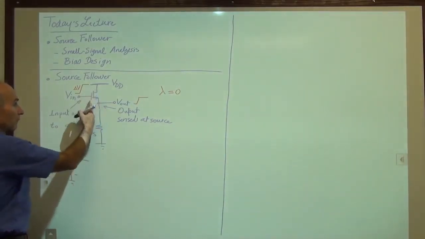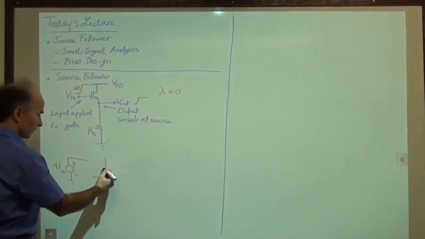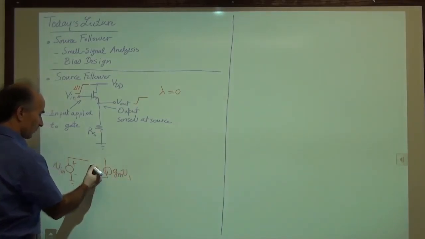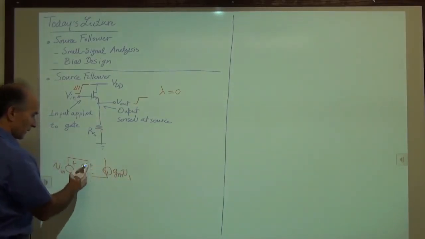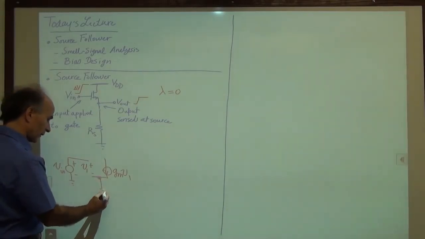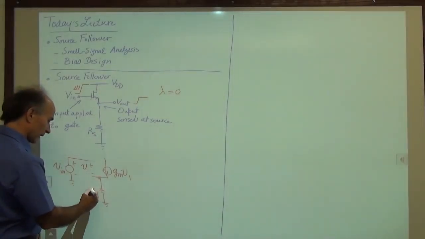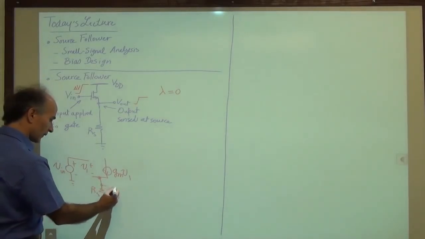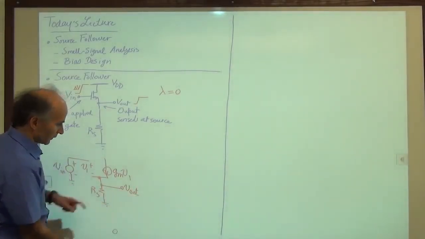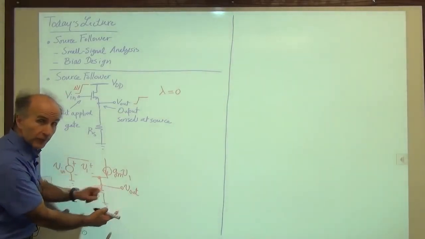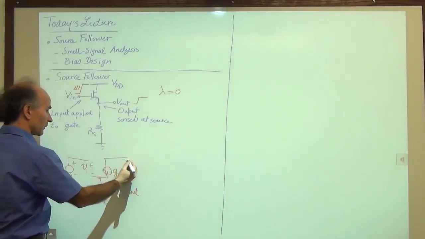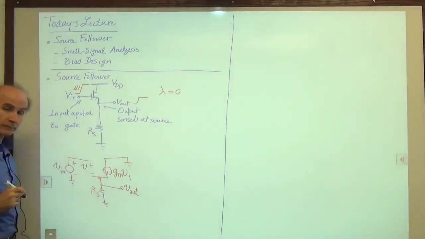Then we draw the model of the transistor. By now, we should be comfortable doing this. GMV1, V1 is between the gate and the source. Then we have a resistor connected to ground, RS. The output voltage is here with respect to ground. So the output voltage measured between here and ground. And then the top of the current source goes to AC ground. So that goes to AC ground.